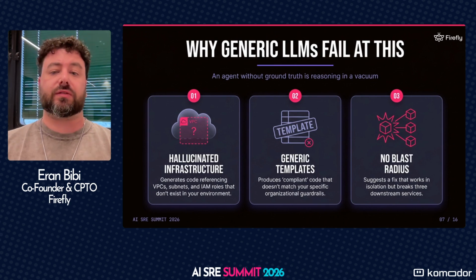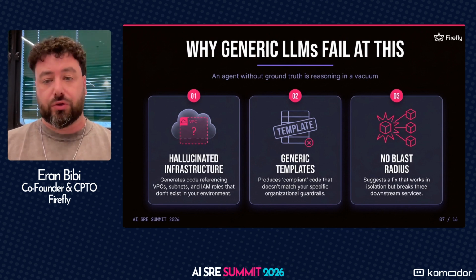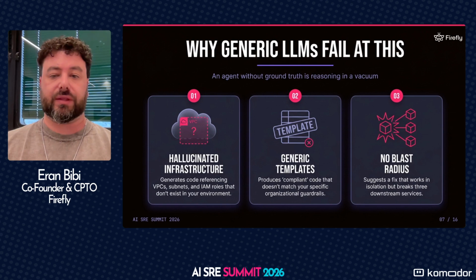Here is why most teams trying to wire a general-purpose LLM into their cloud hit the wall. 3 failure modes. 1, hallucinated infrastructure. The agent generates beautiful code referencing VPCs, subnets, and IAM roles that don't exist in your account. 2, generic templates.